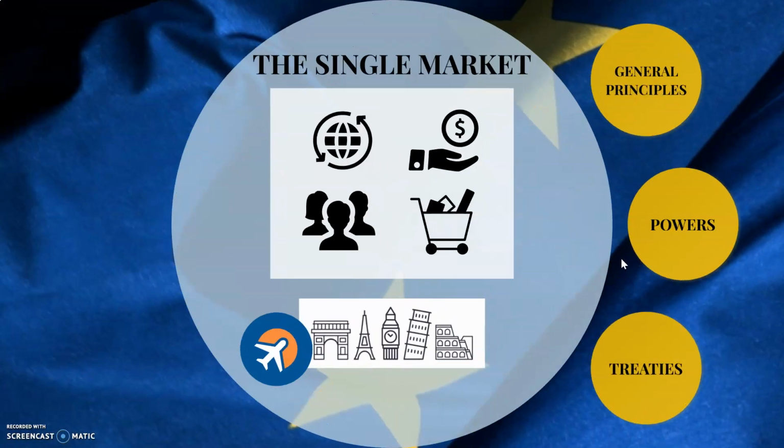The EU's major achievement is the single market. The single market refers to the EU as one territory in which most goods, services, money, and people can move freely. Thanks to the abolition of border controls between EU countries, people can travel freely throughout most of the continent.